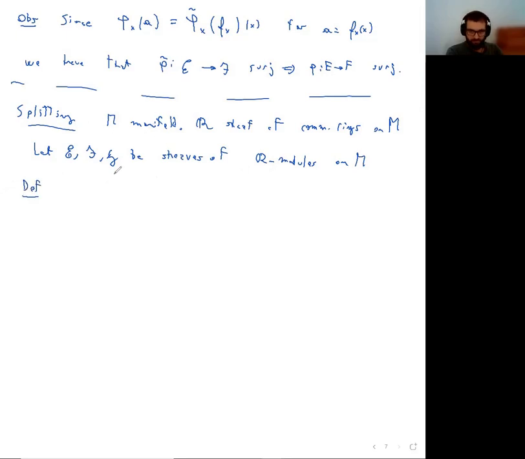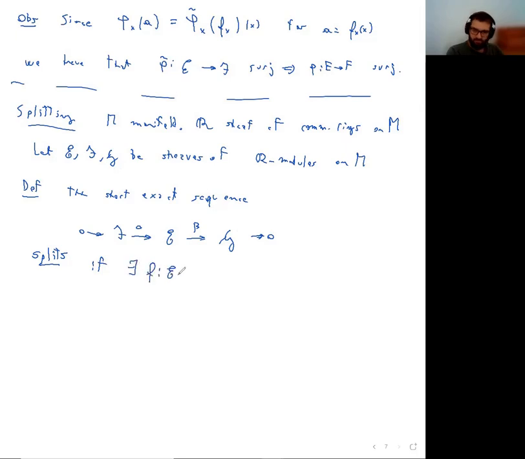So this is a thing for the whole section. We say that the short exact sequence 0, F, E, G with maps alpha and beta splits if there exists f from E to F of R modules such that f composed alpha is the identity for F. Okay, so natural definition.